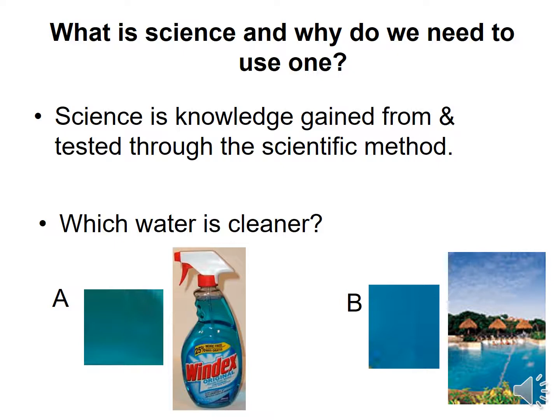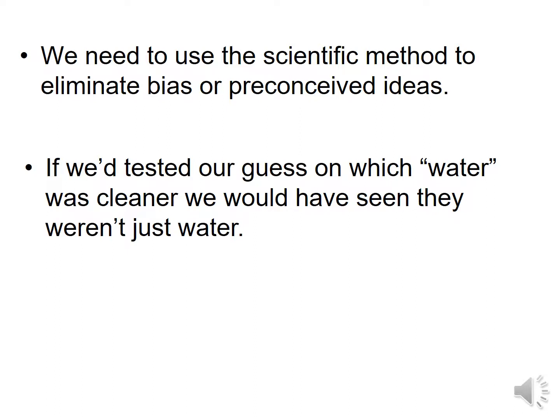Okay, bad joke. We need to use the scientific method to eliminate bias or preconceived ideas. If you simply went at gaining knowledge randomly, people have these biases, these preconceived ideas. We think we understand the world, but we have to be able to get around that.